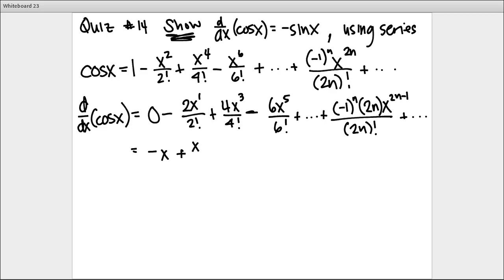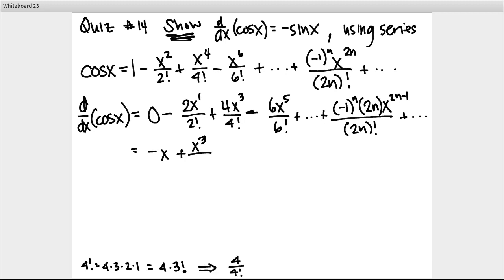When we simplify this, you end up with a negative x and then plus x cubed over 4 factorial, truly, I should write this down here. 4 factorial, remember, is 4 times 3 times 2 times 1, which also means that it's 4 times 3 factorial.